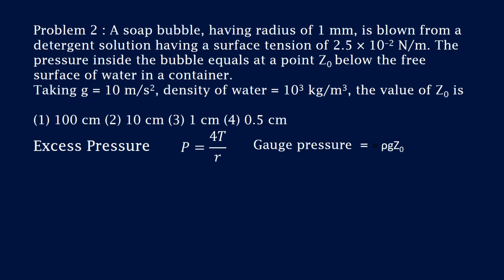Therefore, the equation will become P0 plus 4T upon R is equal to P0 plus rho G Z0. We get Z0 is equal to 4T upon R rho G. On substituting the values of T, R, rho and G and simplifying, we get it as 1 centimeter.